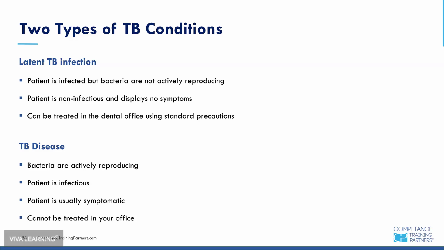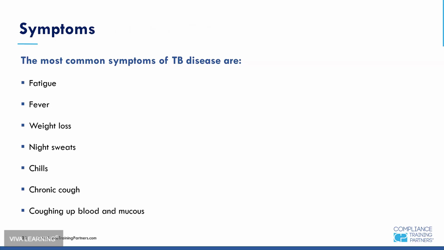We'd have to have UV irradiation of the air, HEPA filtration, wear N95 masks, have negative air pressure in the room. So that's just not most of us. Typical symptoms almost sound a lot like COVID, right? Fatigue, fever, weight loss, night sweats, and most of all, this chronic, productive cough, coughing up blood and mucus.